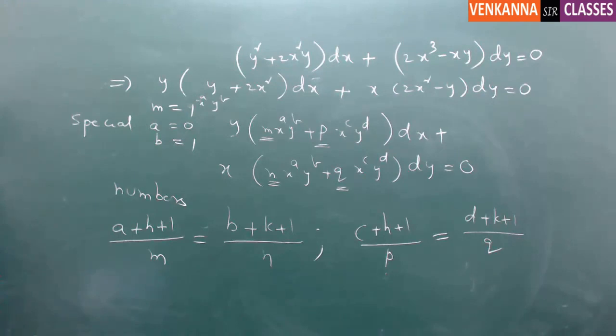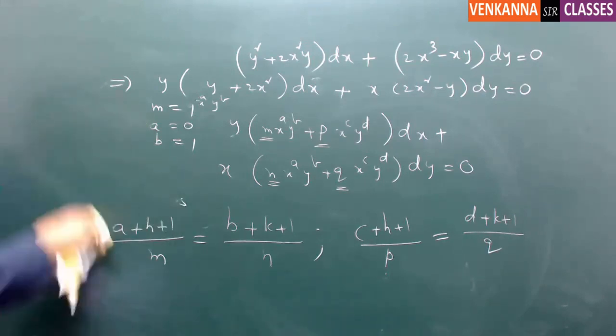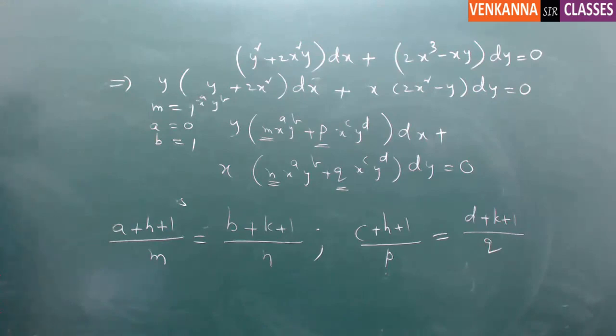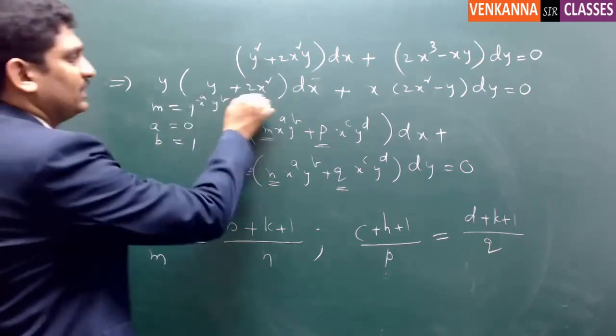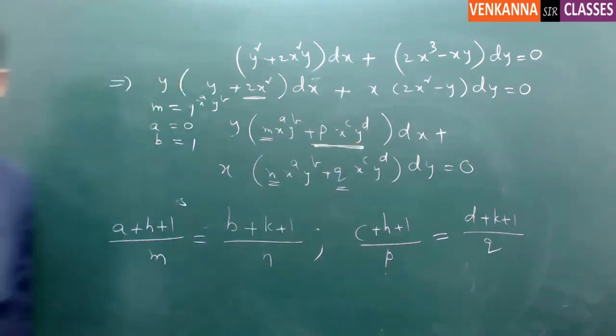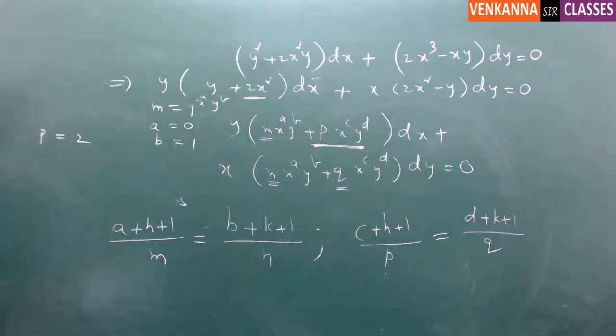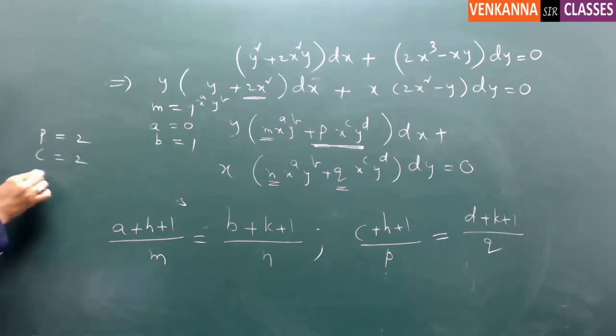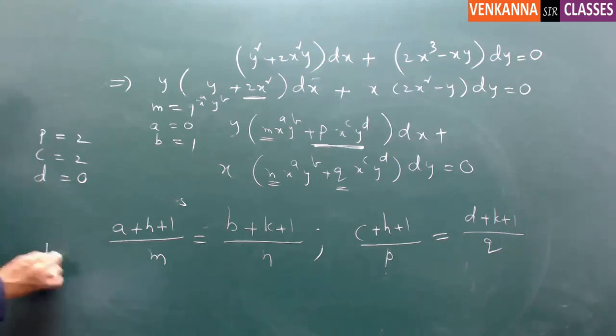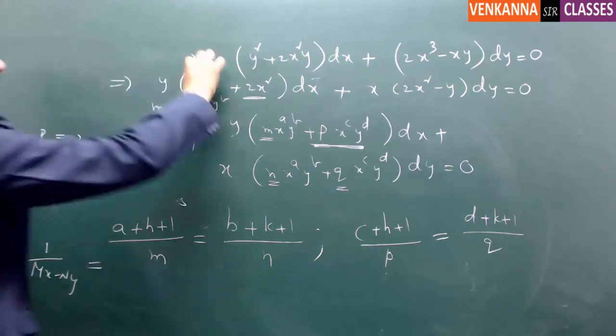Are you getting the logic there? Fine. Here, if you compare with this thing, p is equal to 2, c is equal to 2, d is equal to 0. 1 by mx minus ny formula is also applicable here.